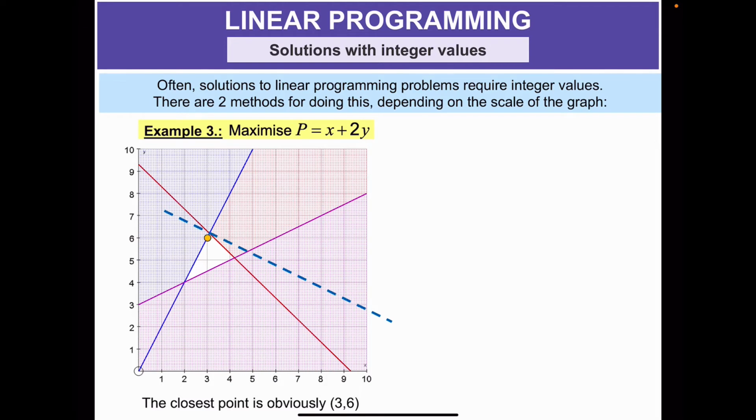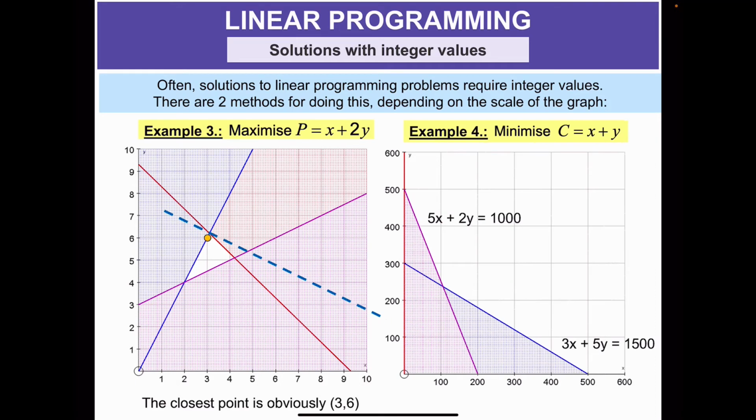However, sometimes it's not obvious which point is the closest to the intersection point of these two lines and has integer values for the coordinates. So for example, in example 4, this is going to be the case. Again, it depends on the scale that you have. In this example, the point was to minimize the objective function, the cost, x plus y.